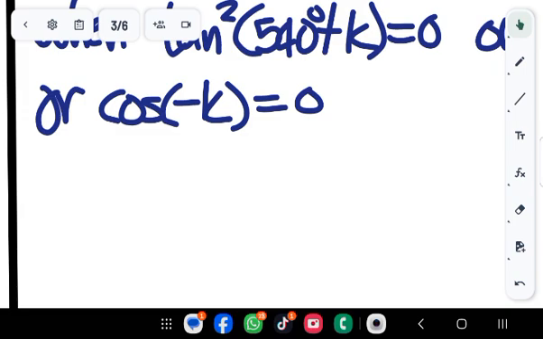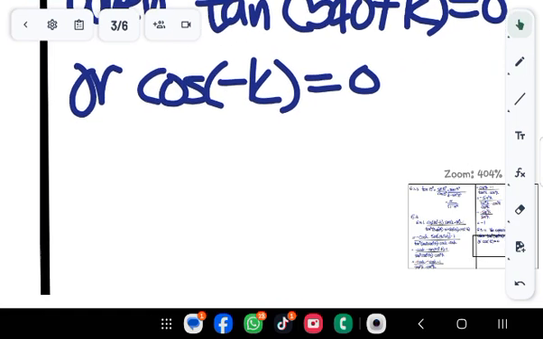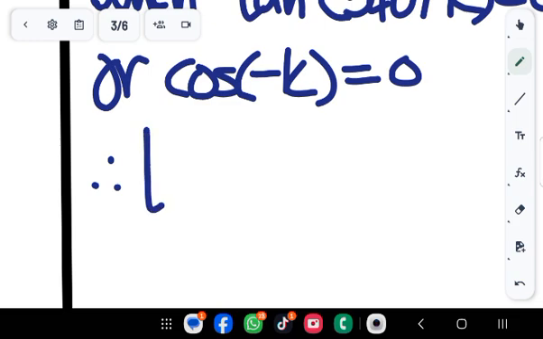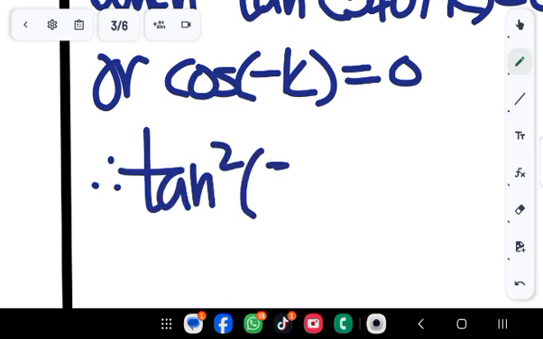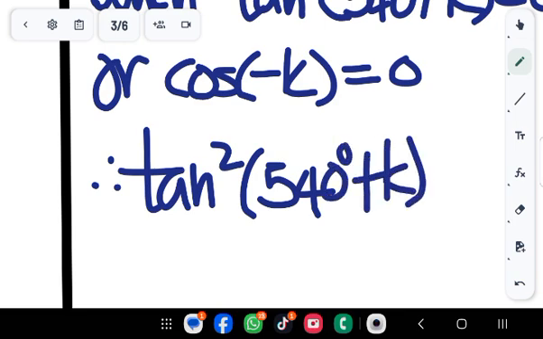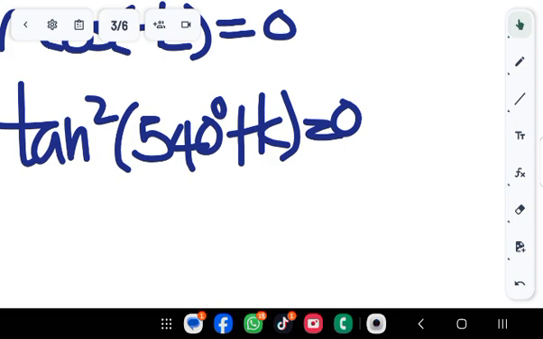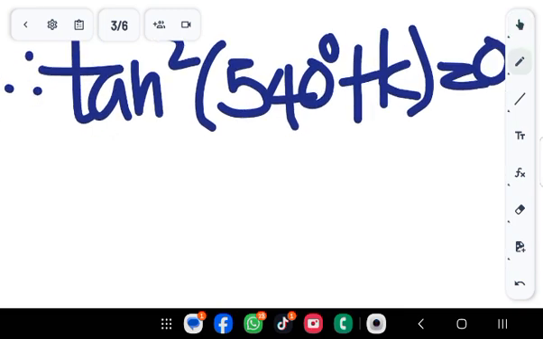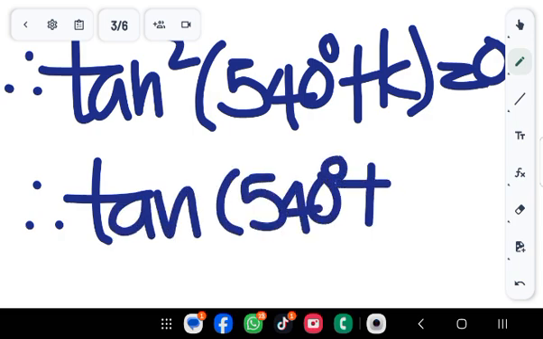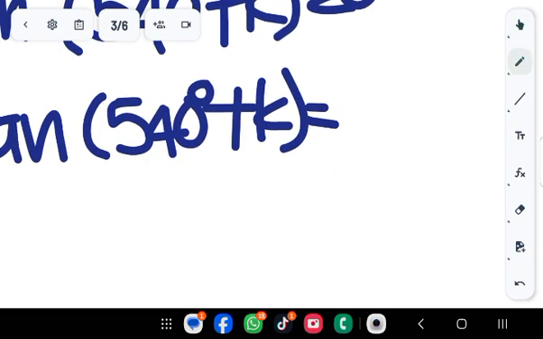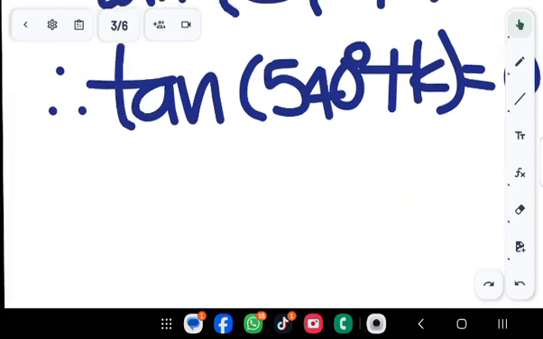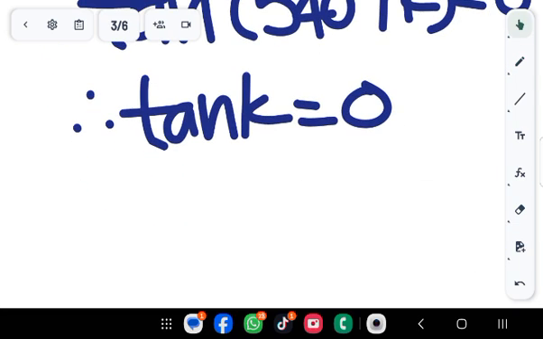That gives us, okay, tan squared of 540 plus k equals 0 when tan of 540 plus k equals 0, meaning that tan of k equals 0, because that's what we get when we reduce this.